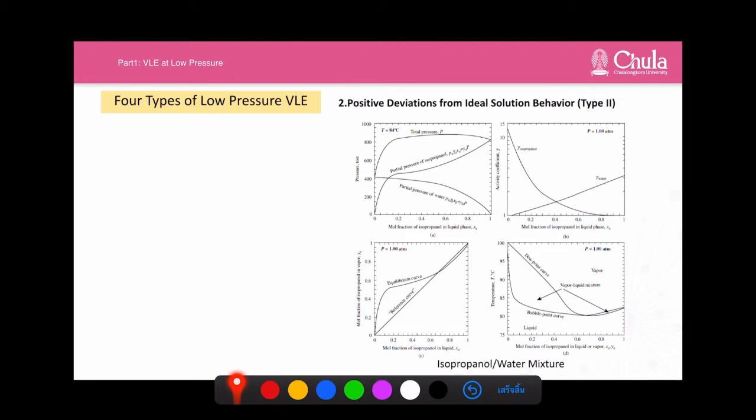This system is water and isopropanol. Previously we considered water and acetone, right? Water and acetone also show type 2 behavior.